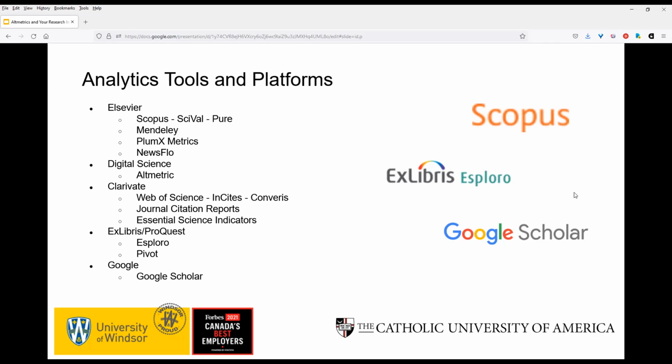Name disambiguation becomes important in these products. So the use of ORCID and ResearcherID to definitively identify individual faculty from another, because faculty do move around from institution to institution, that becomes quite important.